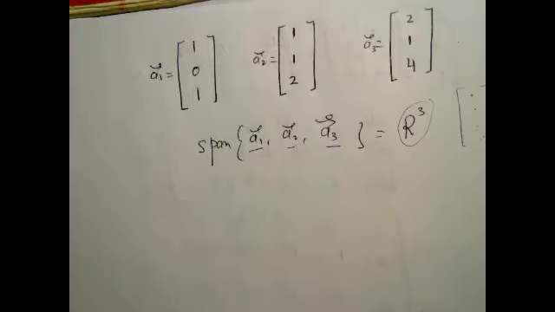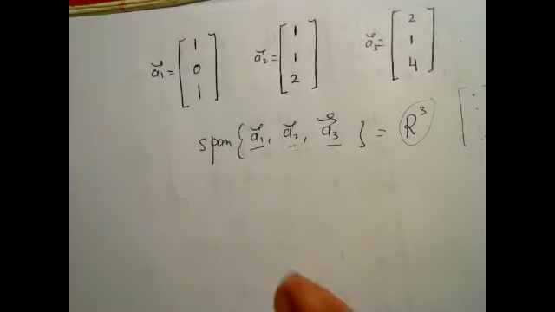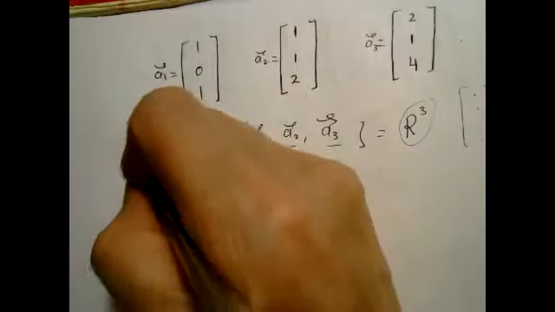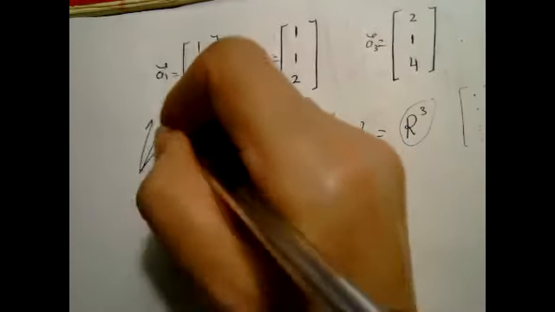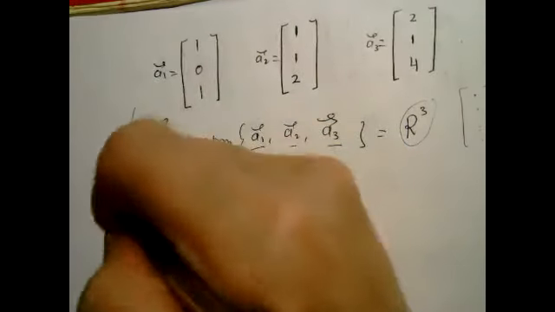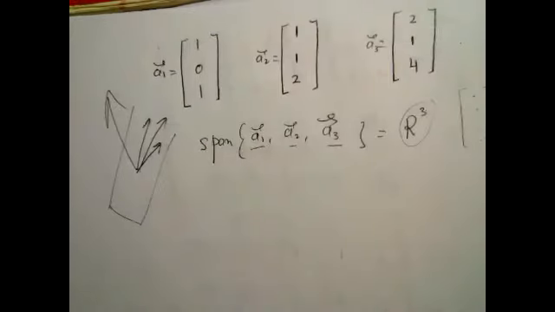That's what I'm asking. It's very possible that A1, A2, and A3 are in the same plane, that's really the geometry, and B is outside this plane, so I cannot write it as a combination.